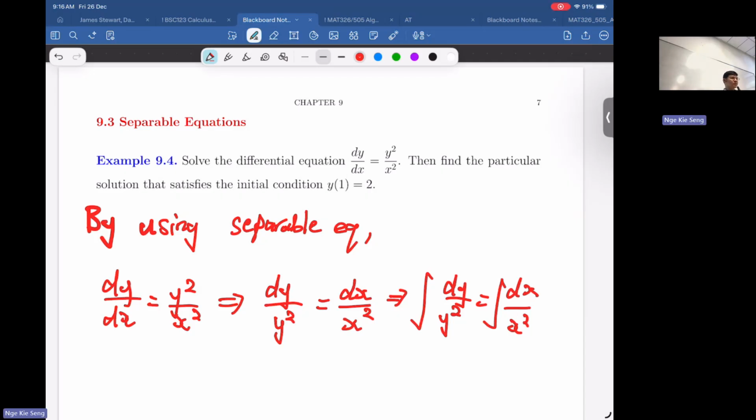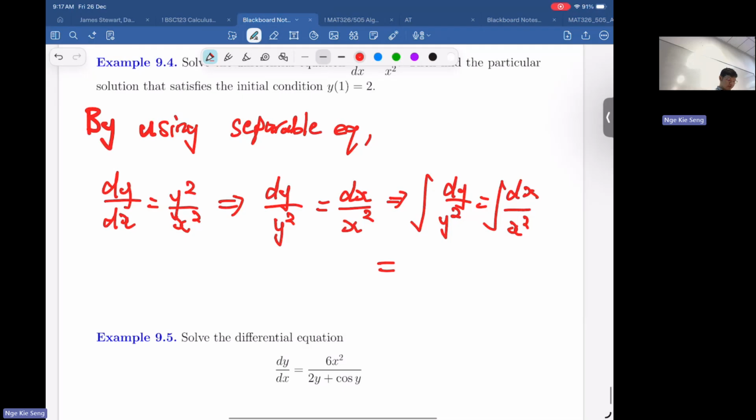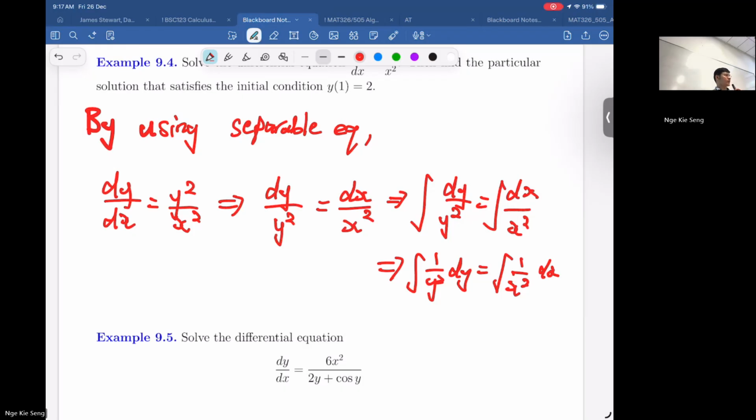Is this the form that you're familiar with? Or maybe I write it like this. Now can you do integration on both sides? First you integrate with respect to y, second you integrate with respect to x. Try integrating, see if you get the same answer as mine.